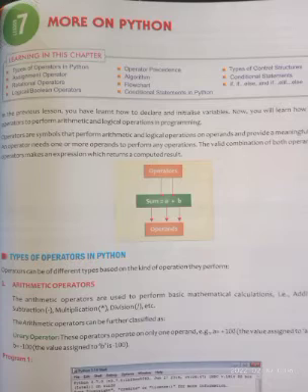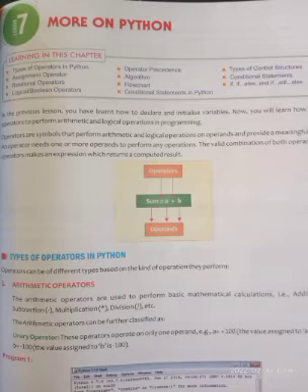Associativity: if two operators have the same precedence, then they are evaluated either from left to right or right to left. Suppose here you can see multiplication, division, floor division, and modulus all have a similar precedence or priority.